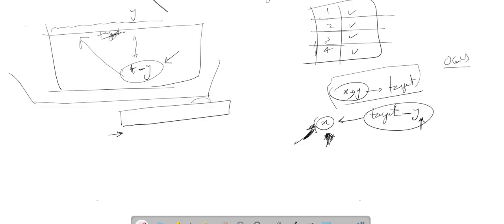That can be an interesting problem. I'm going to do that later, but this is an interesting problem to think about.